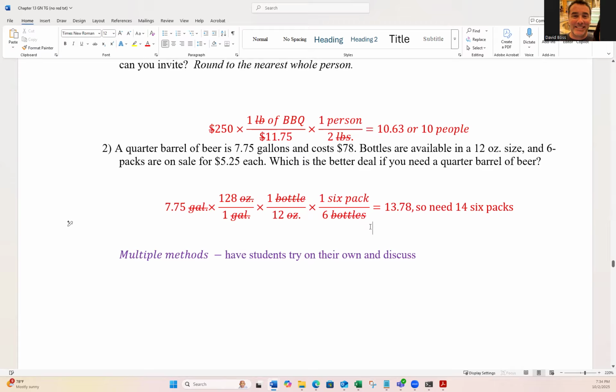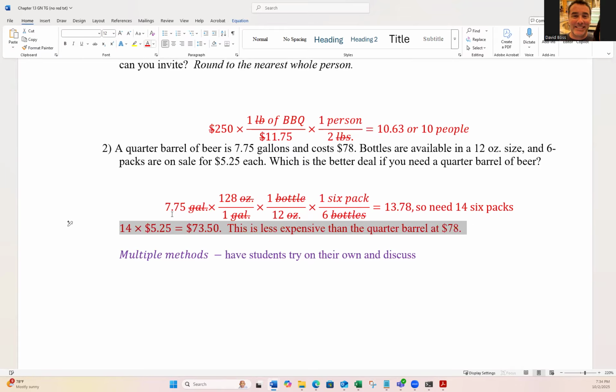Then we work on the cost. So 14 six packs times $5.25 equals $73.50, which is less expensive than the quarter barrel at $78.